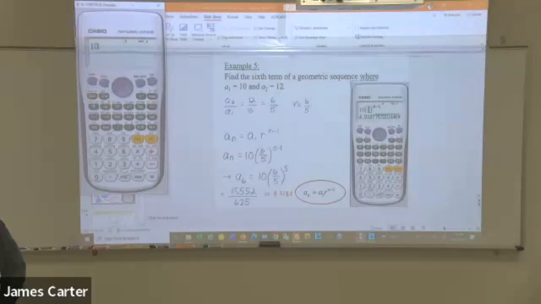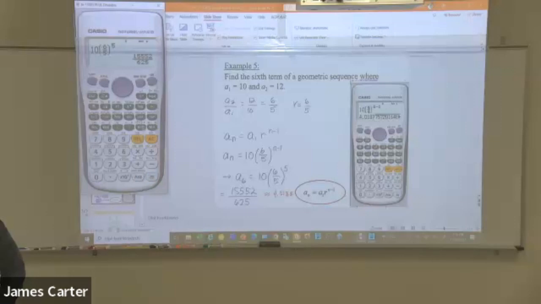10 times, I've got to use the parentheses, the fraction key, 6, go down, 5, get out, parentheses, power of, and in this case, 5, equals.